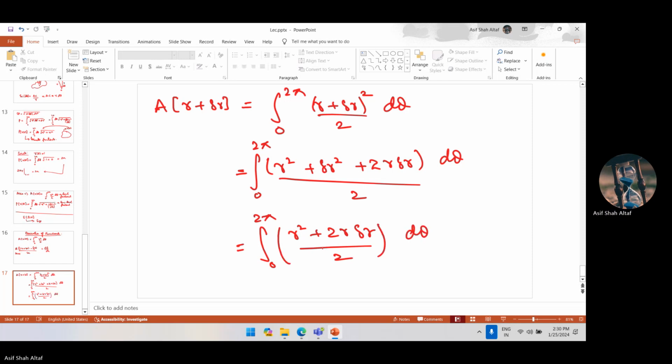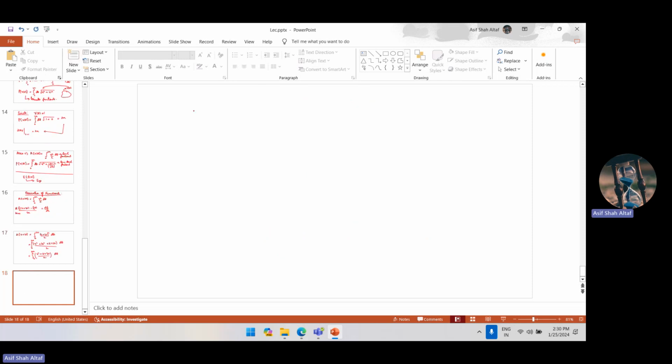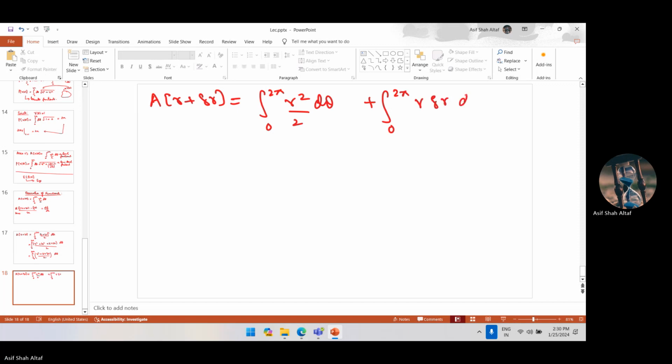Let me simplify it a bit more. You can write it as r square by 2 d theta plus the first order term, it is a 2 as well.